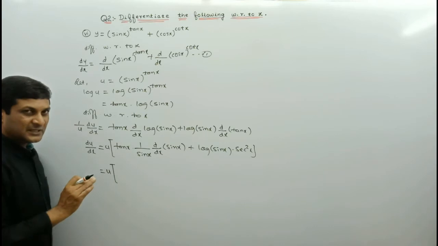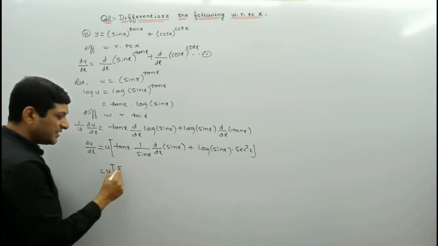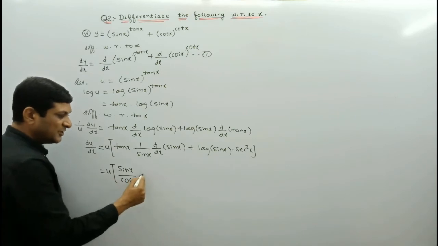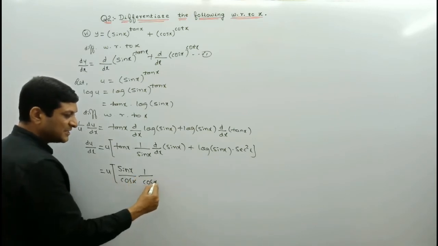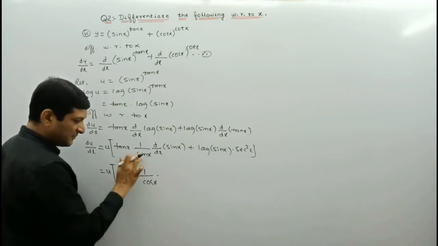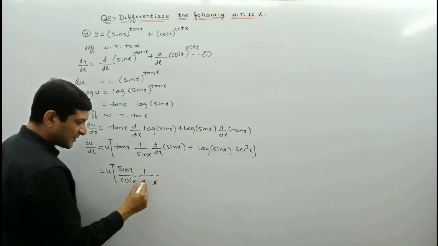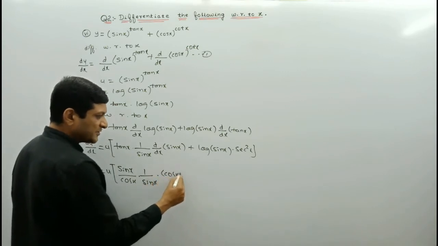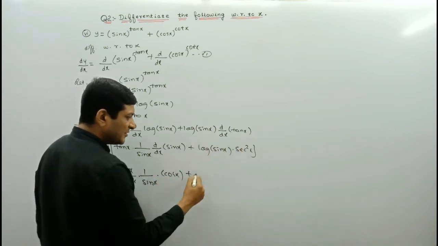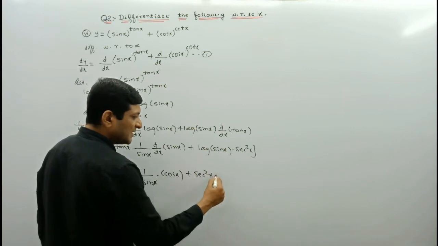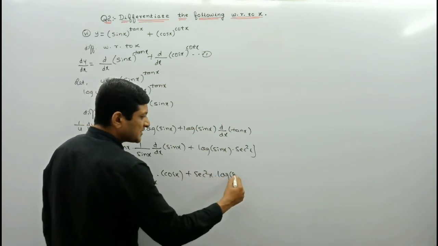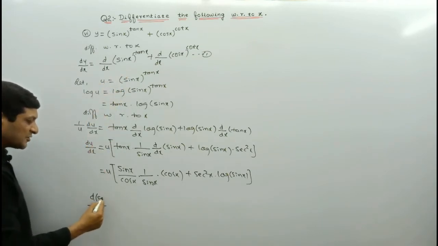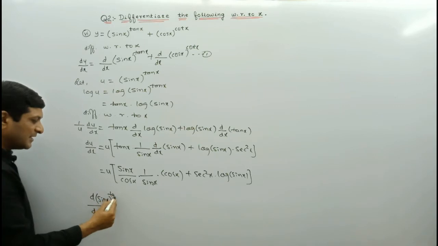So here we are keeping u as it is. To simplify it, we are converting tan x in terms of sin and cos. So tan x can be written as sin x upon cos x into 1 upon cos x also as it is, into derivative of log sin x, which is 1 upon sin x, keep it as it is, and derivative of sin x will be equal to what? Cos x, plus here first write down sec square x into log of sin x. The value of u here, u means sin x raised to power tan x.